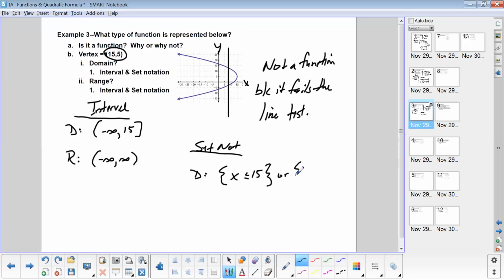Or you could have written the set of all values x such that 15 is greater than or equal to all the x values. The range would be the set of all values y such that y is an element of all the real numbers.